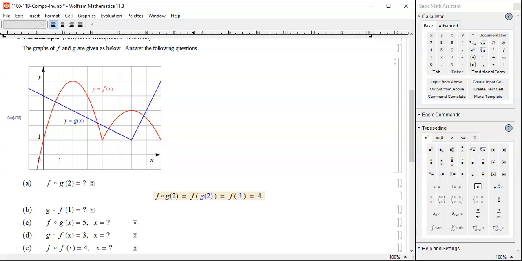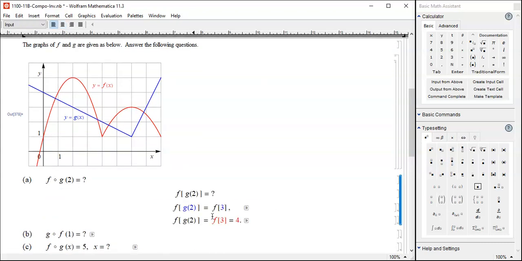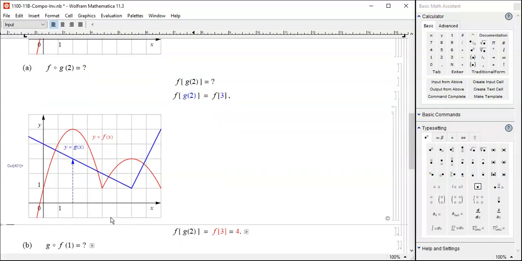So we have to follow the graph twice. Once for the inside, and after that, the outside function. So f of g of 2, how do you get it? The x value is 2, go up here and go to the point on the graph, and that y coordinate is 3.